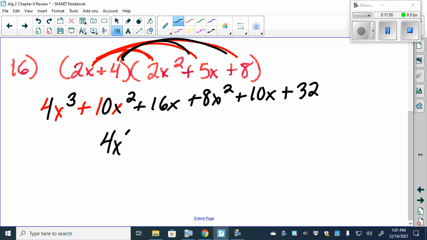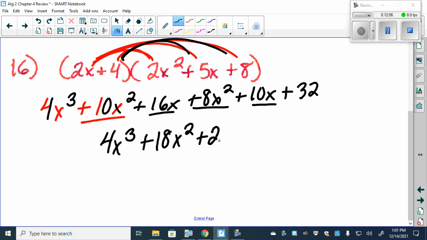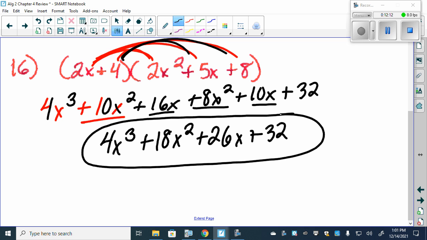Well, 4x cubed doesn't have any other like terms, so we have 4x cubed. Our 10x squared and 8x squared are like terms, plus 18x squared. Then we have 16x and 10x, which is plus 26x, plus 32. And that would be it.